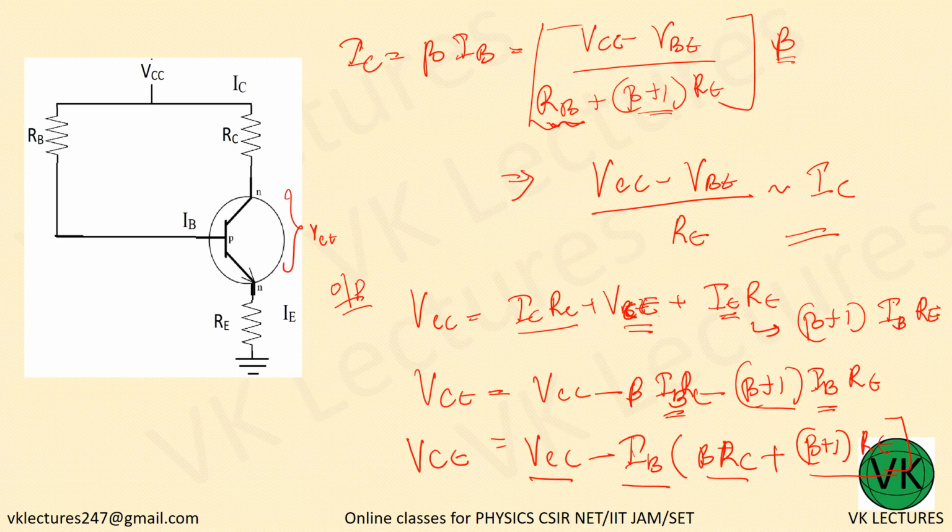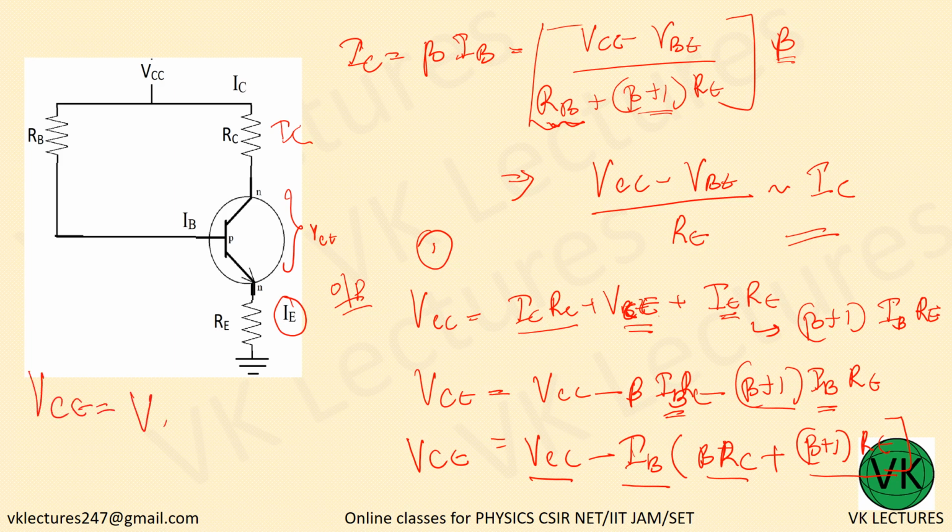Fine. So this is one method, one way to do this problem, considering beta. Now another simple way is this IE and IC are almost similar. Then what will be VCE?